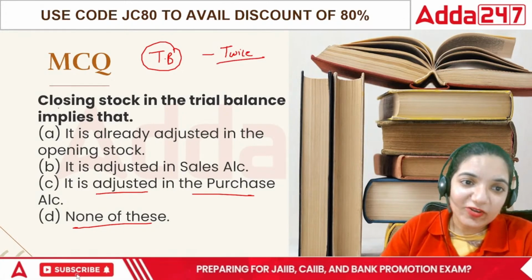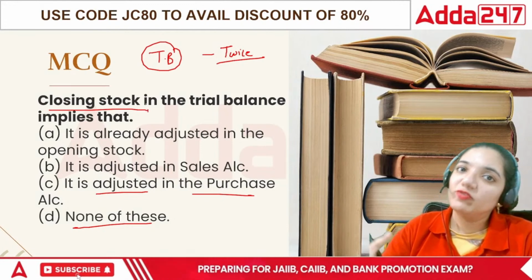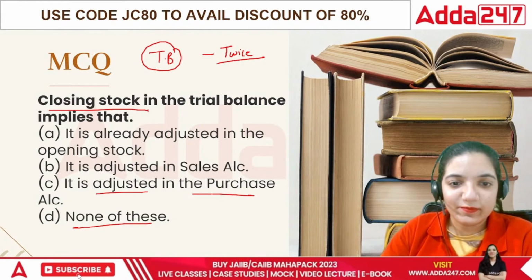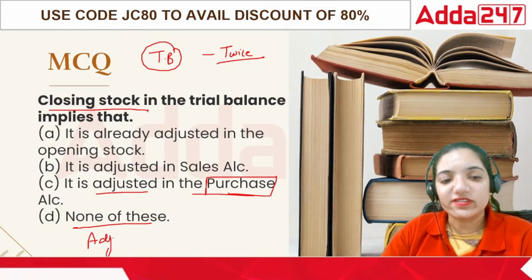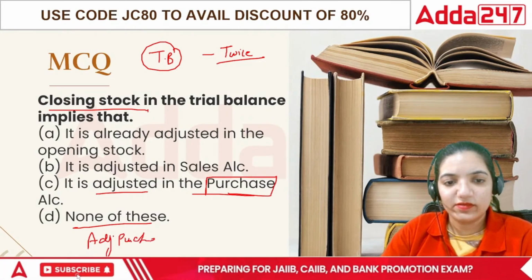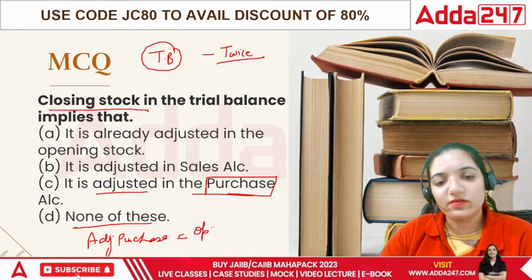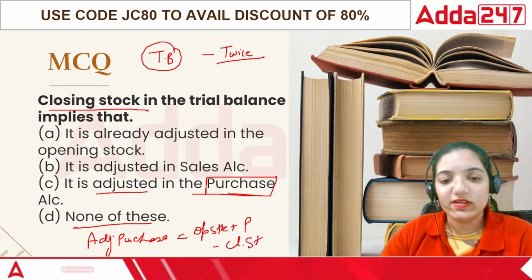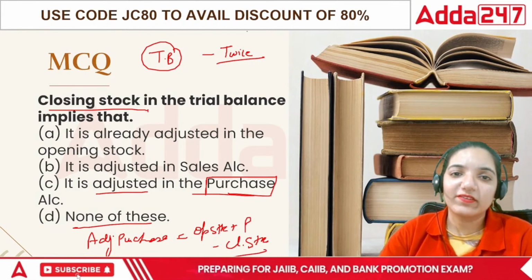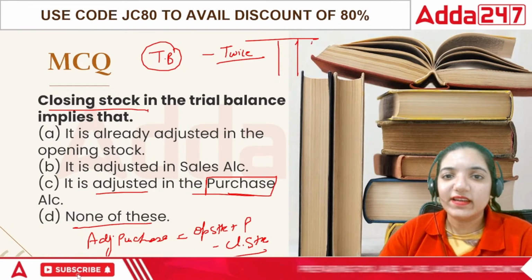So if you are putting it into the trial balance, then you will have to adjust it in the purchases. There is a term called adjusted purchase. It is noted as opening stock plus the purchases minus closing stock. So how does it exactly look in the trial balance?